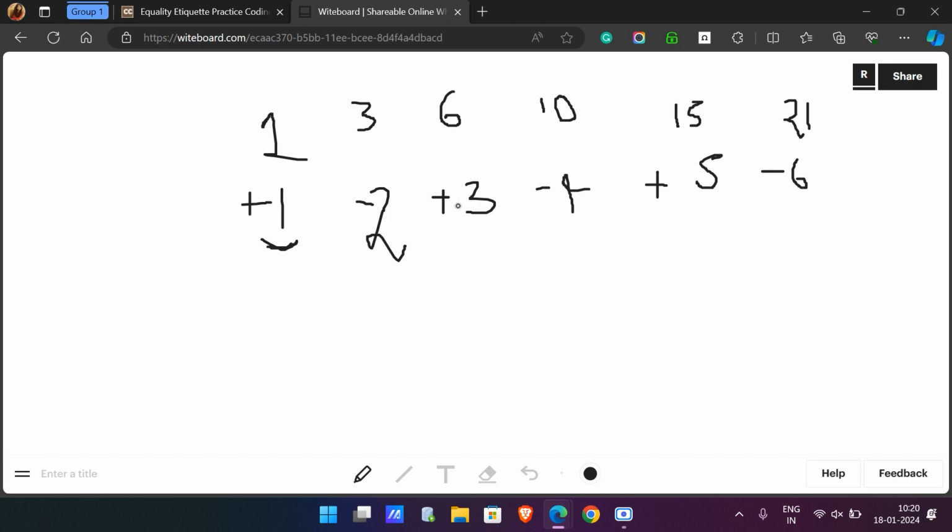So we can see 3 minus 2 is 1, and this is also 1. So this can solve the difference 2. So 2 can be solved by the third move. 1 can be solved by the first move only.